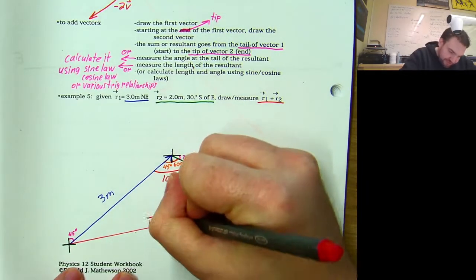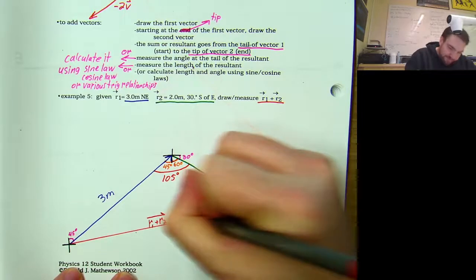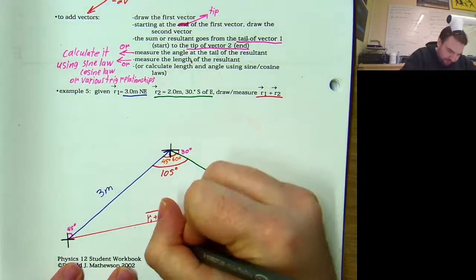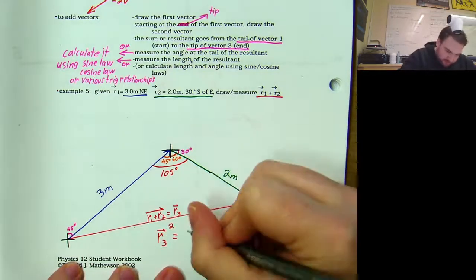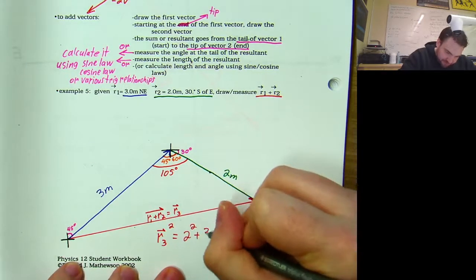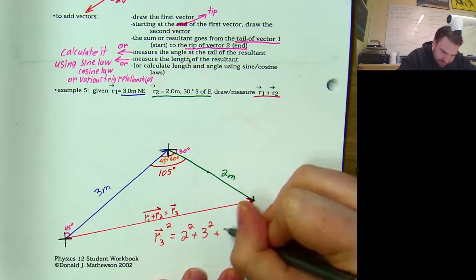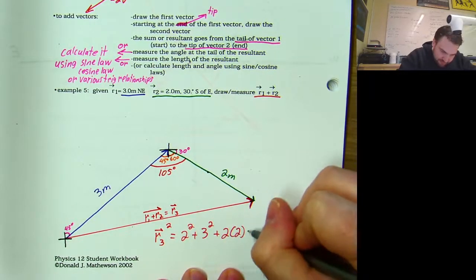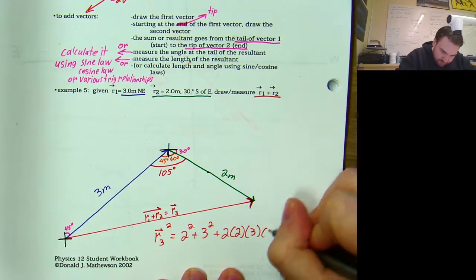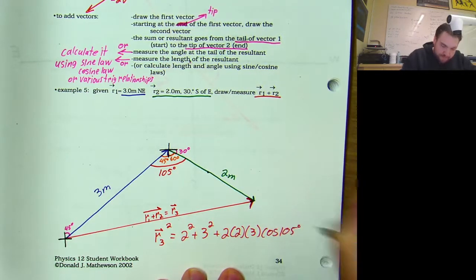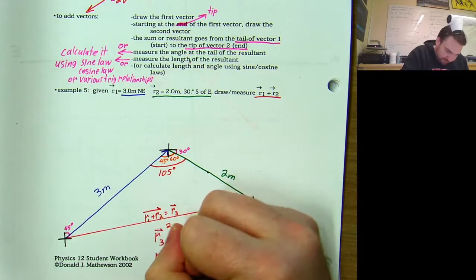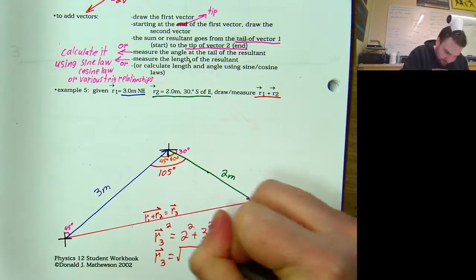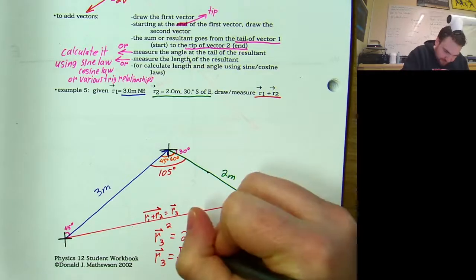So I'm going to call this R3 just to simplify my notation. R3 squared is going to equal 2 squared plus 3 squared plus 2 times 2 times 3 cos 105, using the cosine law that we wrote down on our formula sheet. So R3 rather is the square root of this whole thing.